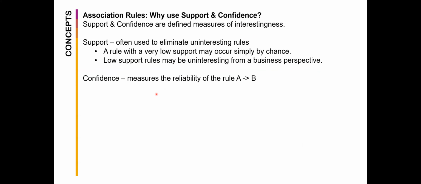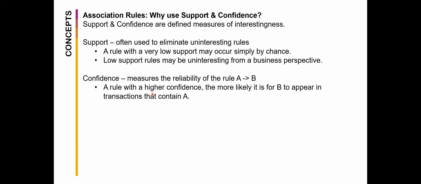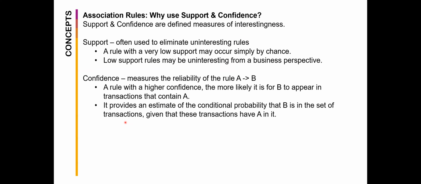But confidence measures the reliability of the rule, how confident we are that this rule actually is a true rule. The higher the confidence, the more likely it is for B to appear in transactions that contain A. It also provides the estimate of conditional probability that B is in the set of transactions given that these transactions have A in them.